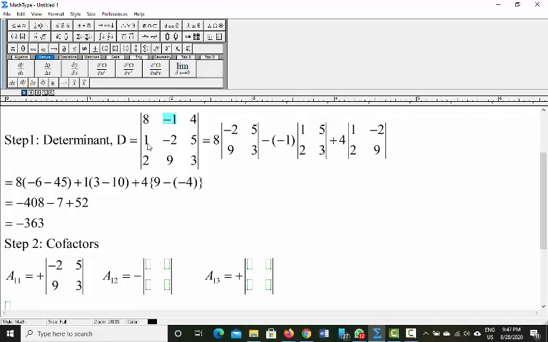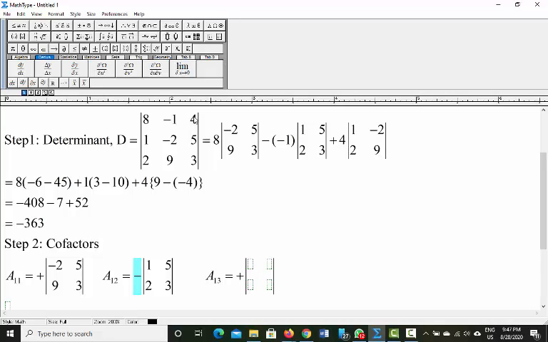So we will be left with 1 5 2 3. As I said before, when you want to find a determinant, we will write the element, but here we will not write it. Here only the sign should be there.